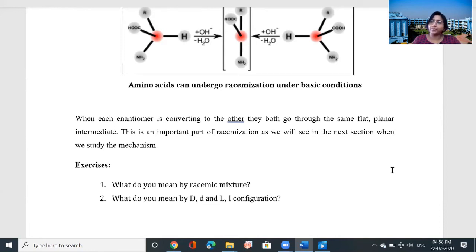Also, you have learned optical activity, chirality, and different representations like Fischer representation, Newman representation, dash wedge representation, etc. And also different configurations, DD configuration, LL configuration, and racemization.